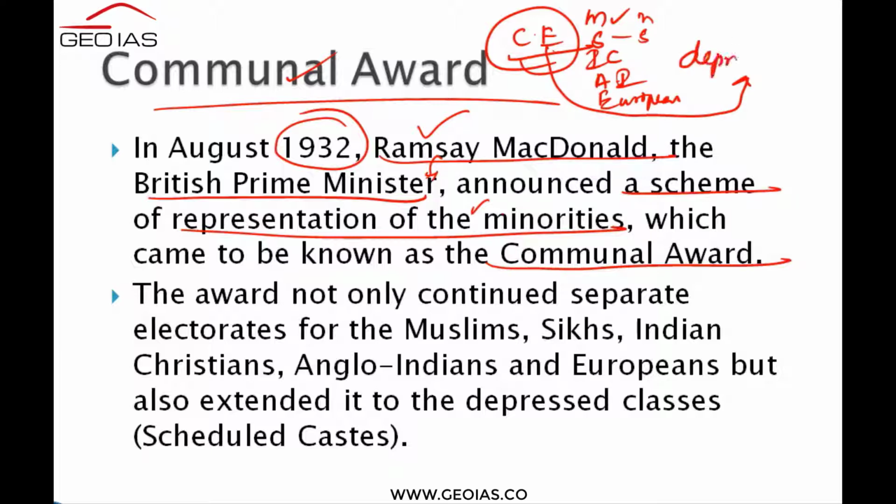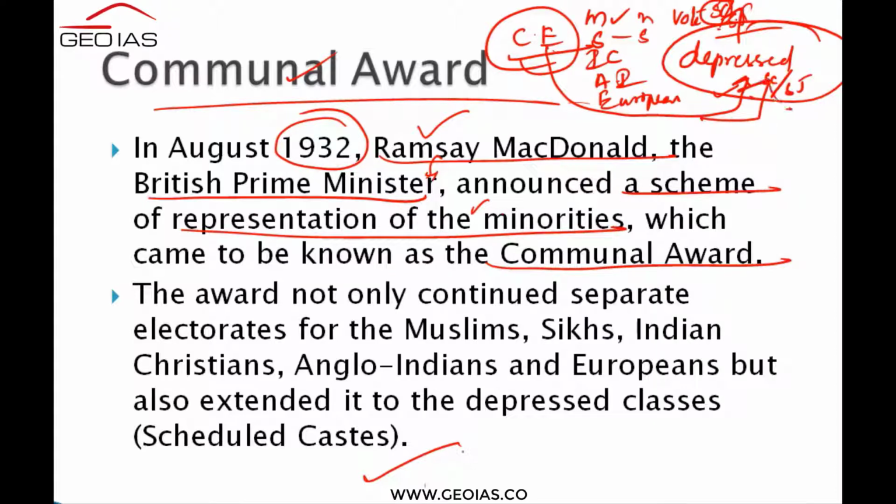So for SC/ST people also, depressed class people can vote only for the depressed class representatives, scheduled caste representatives. They also wanted to give this permission, and it was passed.